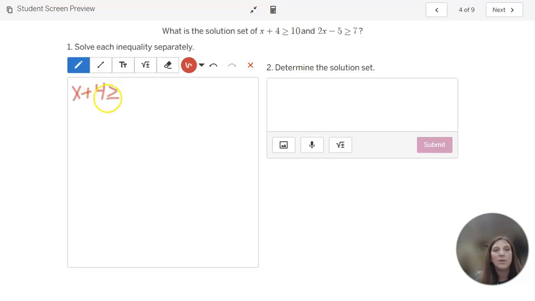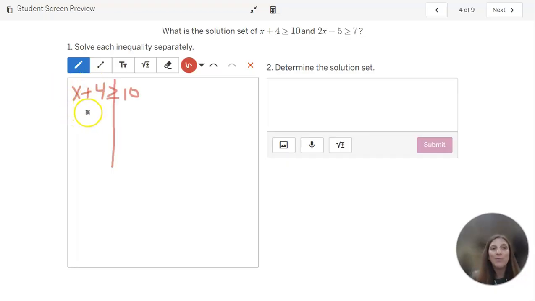X plus 4 is greater than or equal to 10. Remember, when you have inequalities, you solve them just like equations. For some of you, it might be helpful to draw your line or your balance beam down the equation to remind you to keep it balanced on both sides. Some of you might not need to do that anymore. Solve it however you know how to solve equations. But we know when we solve equations, we are trying to get the x by itself. We're trying to isolate the variable.